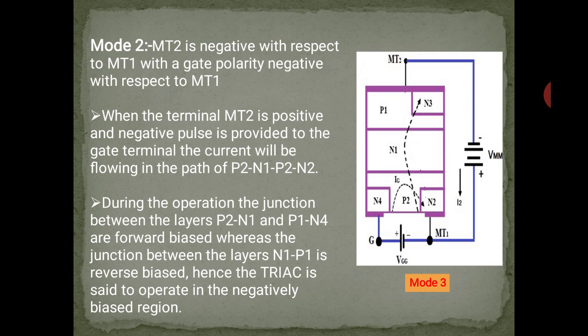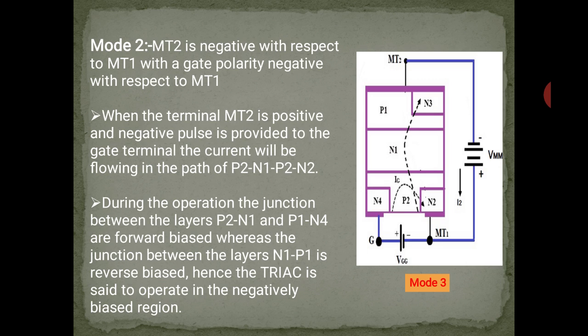In the third mode of operation, MT2 is negative with respect to MT1, with gate polarity negative with respect to MT1. When terminal MT2 is negative and a negative pulse is provided to the gate terminal, current will flow in the path P2 N1, P1 N4.